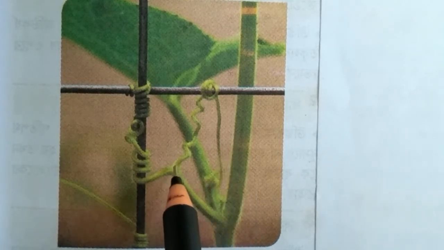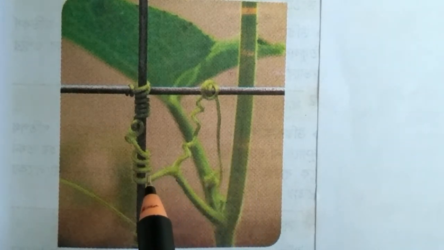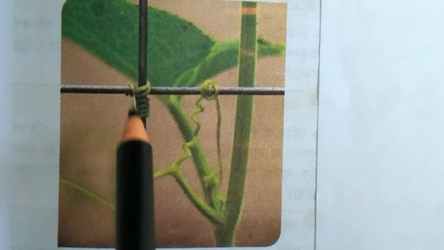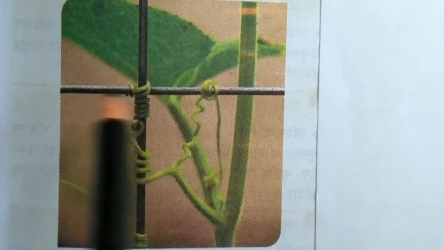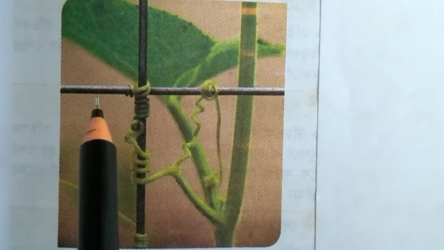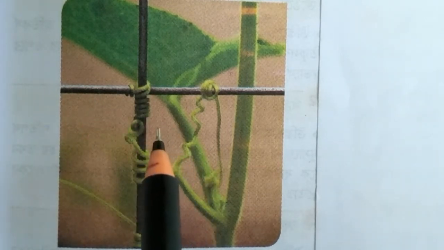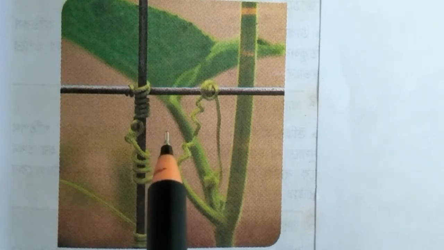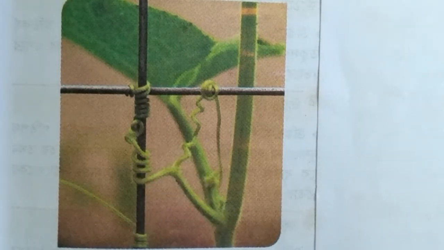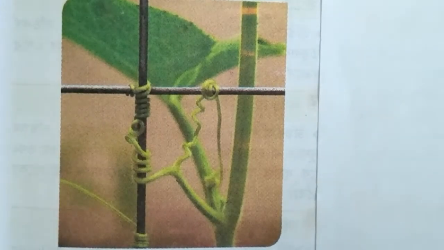Now the growth of the plant is going through this object. Where this object is present, the plant grows in that direction. This type of movement is known as growth movement and it is not dependent on stimulus. Let's discuss the growth movement in detail.